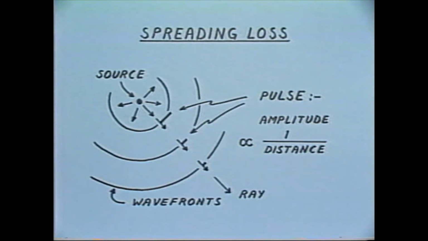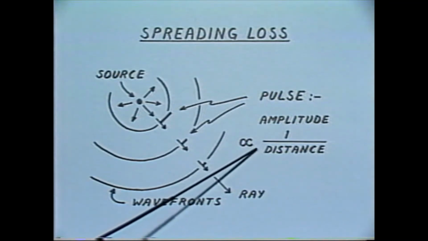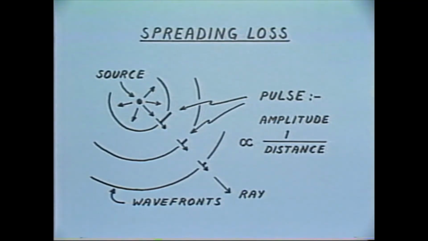In fact, it turns out that the amplitude of the seismic waveform is inversely proportional to the distance from the source. So we can determine the magnitude of this spreading loss, and correct for it in processing.